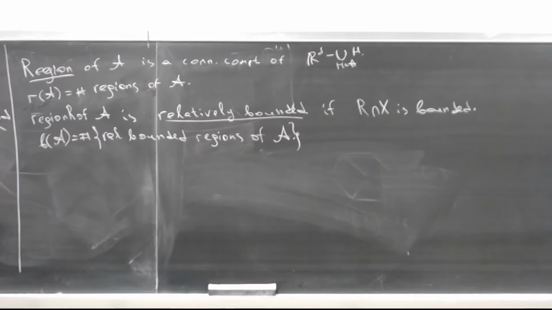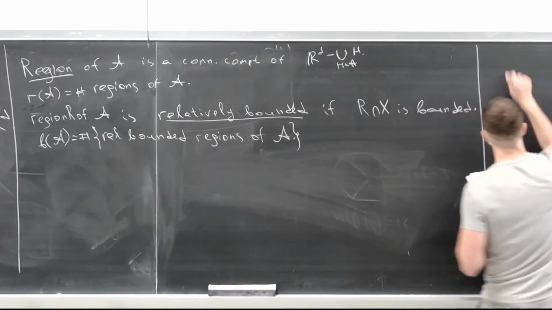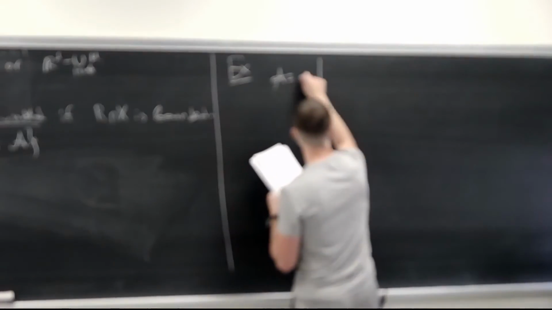All right. I think that's enough with the definitions. Let me now play with the definitions. Let me draw a few arrangements, and then you're going to tell me everything about them. I'm only going to draw two-dimensional things so far.